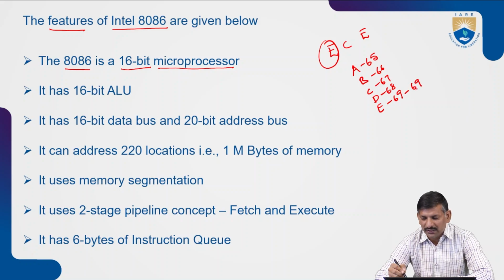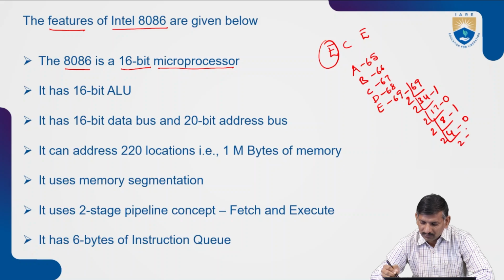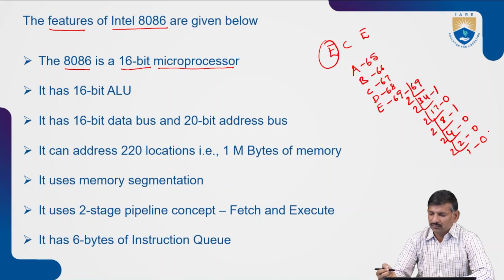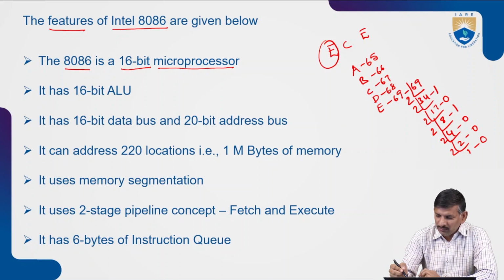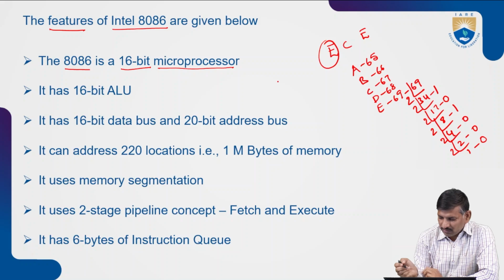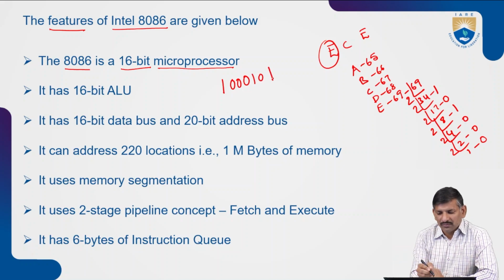So what is the binary number for 69? It is 1000101, with an initial 0.